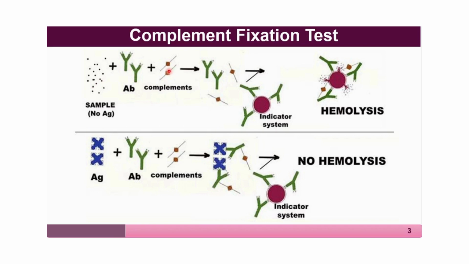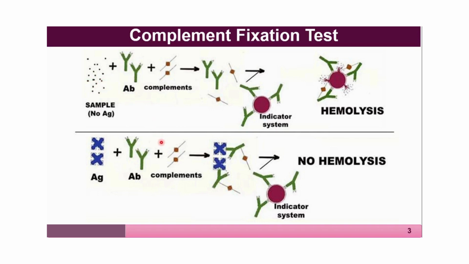Therefore, that free complement which was available in the serum readily recognized the indicator and bound to the Fc arm of the sheep antibody, and caused the hemolysis of the indicator, that is sheep RBC. This indicates the serum sample that you are testing for the antigen does not have the antigen.